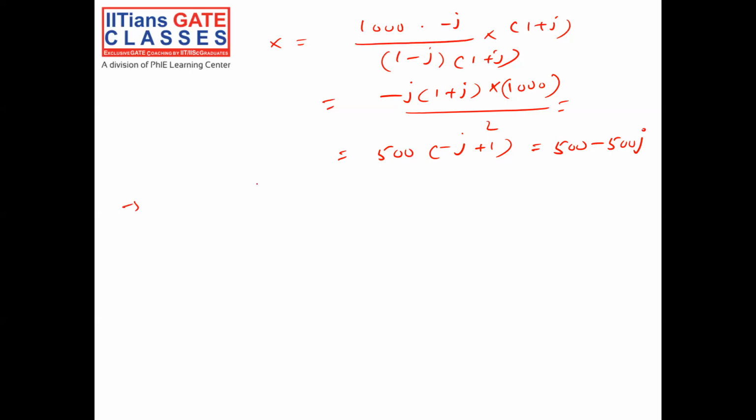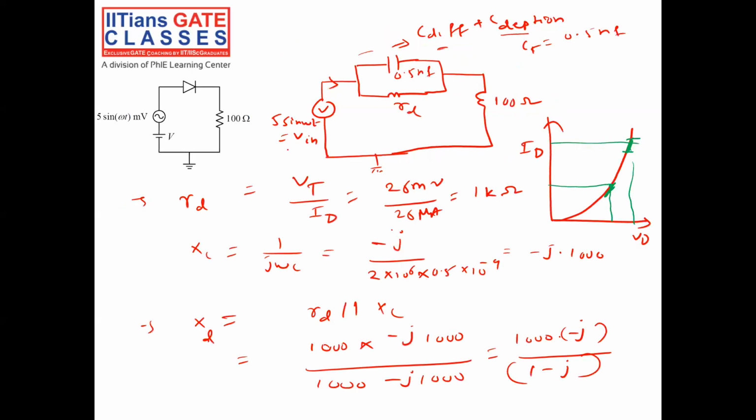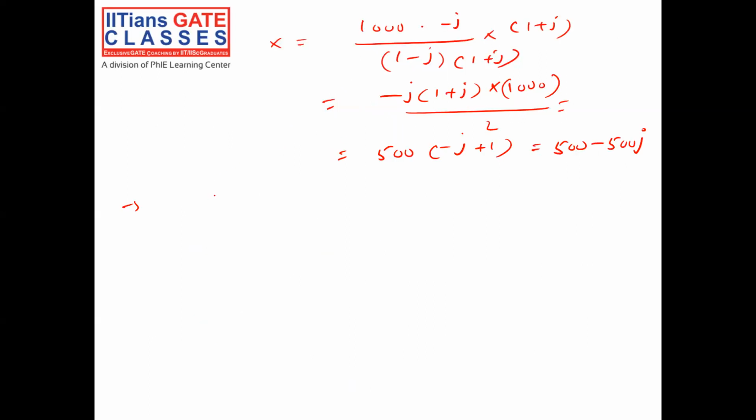So what is my current? What is the total impedance? Total impedance Z is equal to X plus 100 ohm.